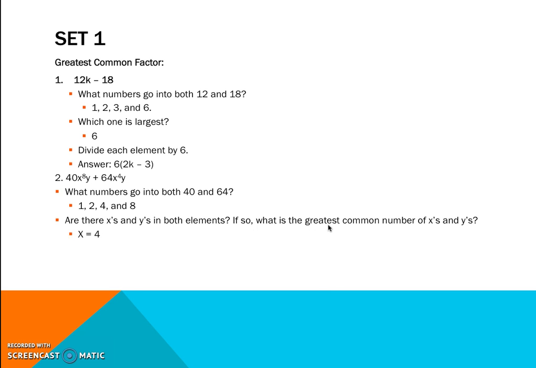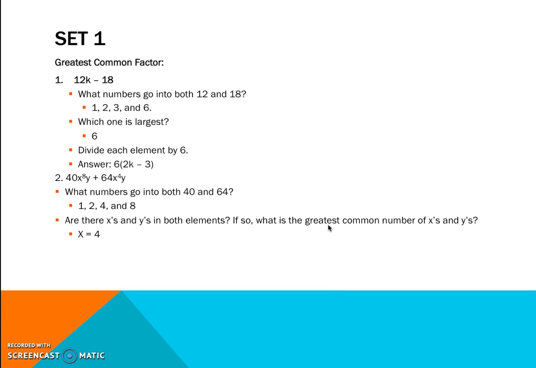We'll look at our x's first. In the first term, I have x to the power of 8. In the second term, I have x to the power of 4. So the greatest common factor of the x's would be x to the 4th.